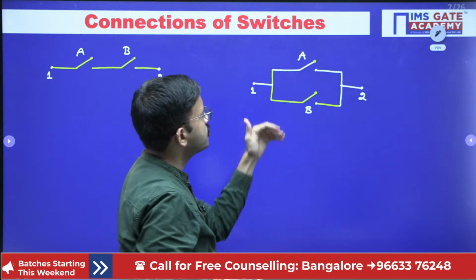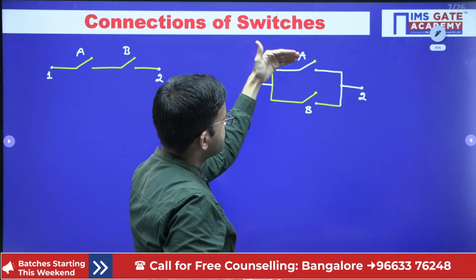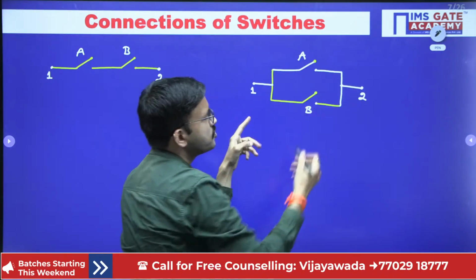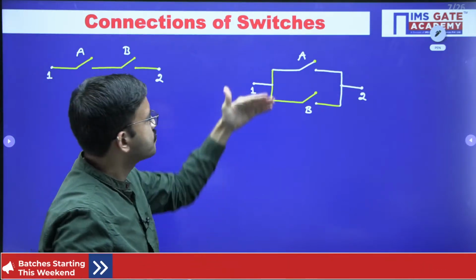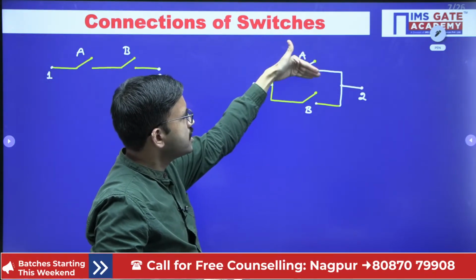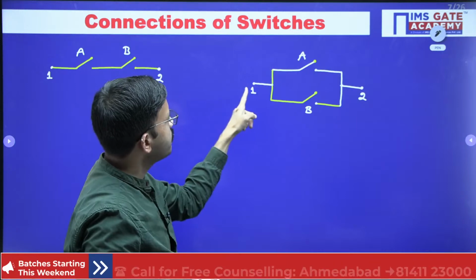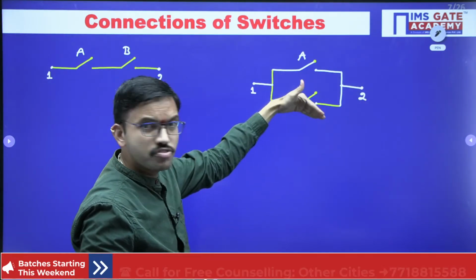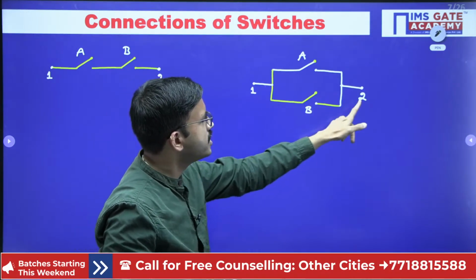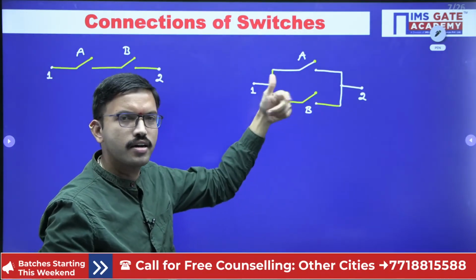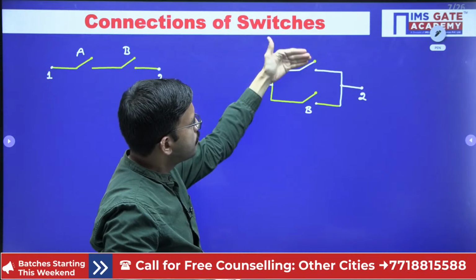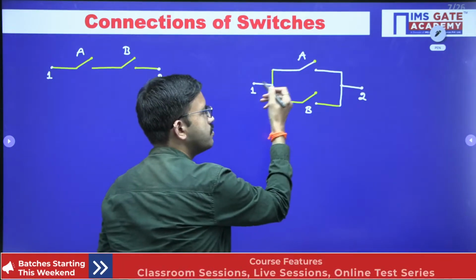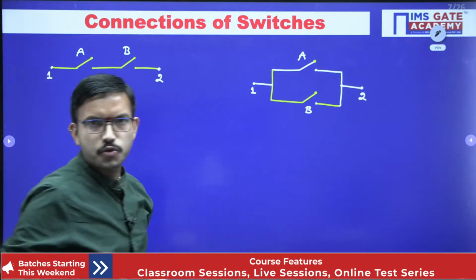Similarly, here, if you want to connect terminal 1 to terminal 2, you get three possible ways. If you close only switch A, then terminal 1 is connected to terminal 2. Or if you close only switch B, then also terminal 1 is connected to terminal 2. Or you can close both the switches, then also terminal 1 will be connected to terminal 2, right?